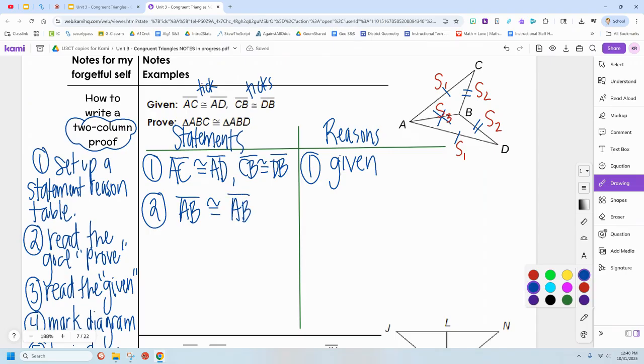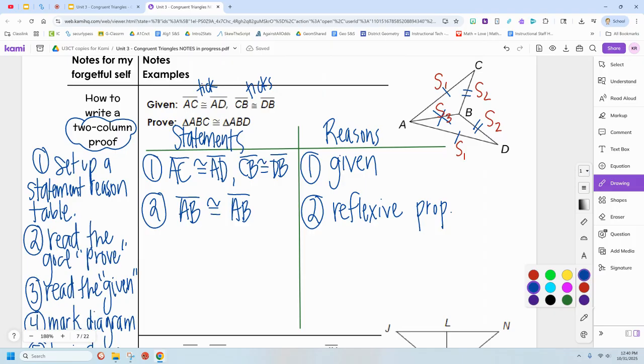Now this line right here is kind of like the word because or the word why. Why can we say AB is congruent to AB? Because of the reflexive property. So you can put just the word reflexive, or you can put reflexive PROP, which stands for property. Either one would get you full credit.